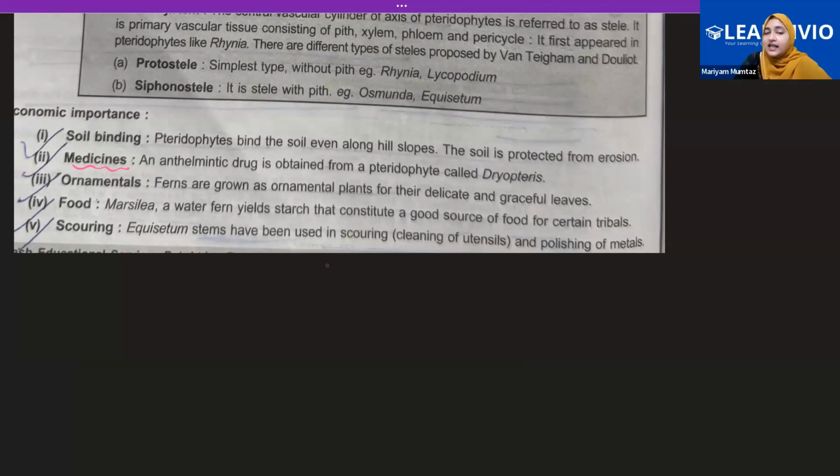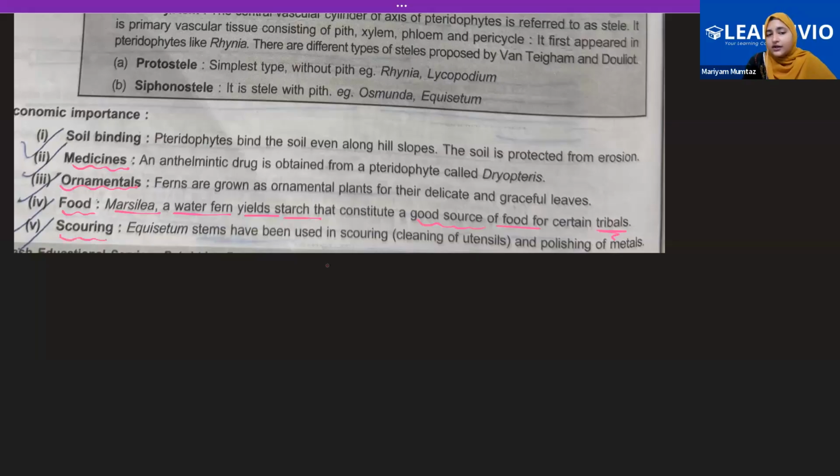Then ferns and fern-like plants are used for decoration, so they are ornamentals. Many of them are used as food, such as Marsilea, which is a water fern. It yields starch, meaning it has a good quantity of starch in it. That's the reason why it is a good source of food for many tribal people.